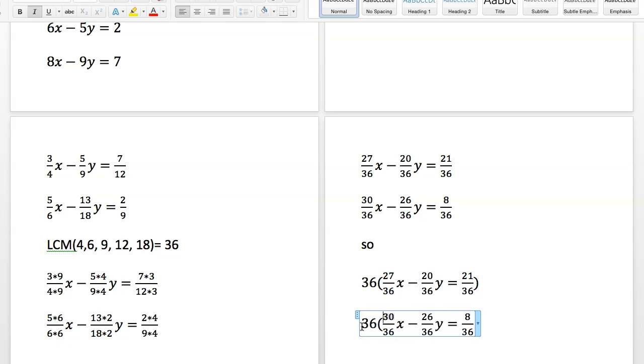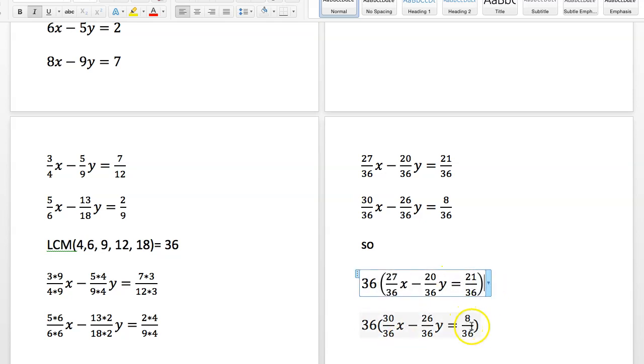So like this, and like this, and so we got that. All that's going to amount to is it's just going to kill the 36s in each denominator. That 36 on the outside for each guy. And well, that's just going to be what I suspect it's going to be.